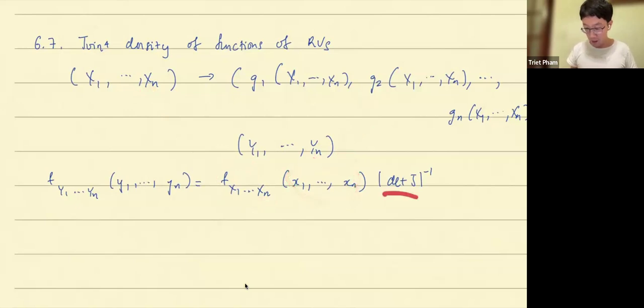And this determinant, which is the partial of the g function, must also be solved in terms of y. And the inverse here is just a reciprocal because the determinant is already a scalar. So all this is in terms of y.